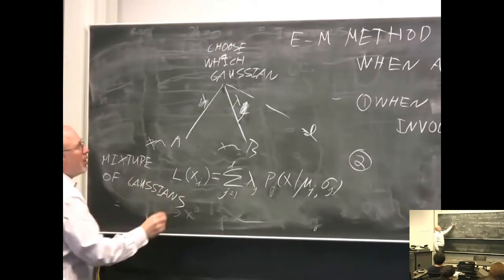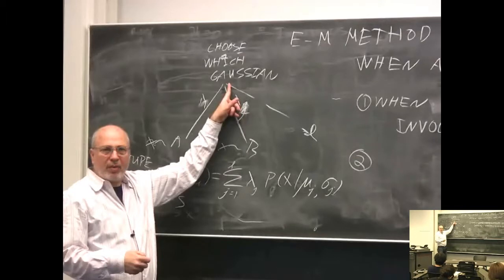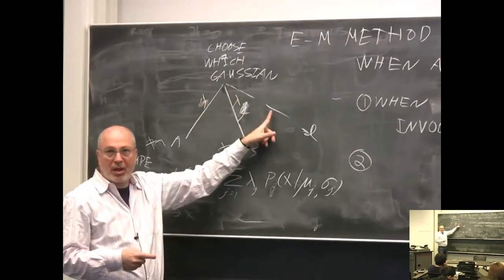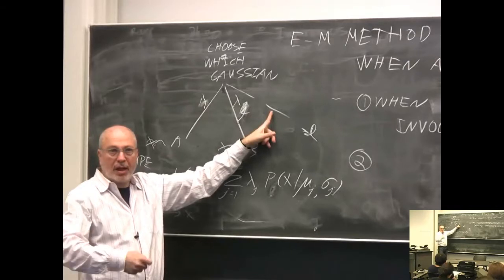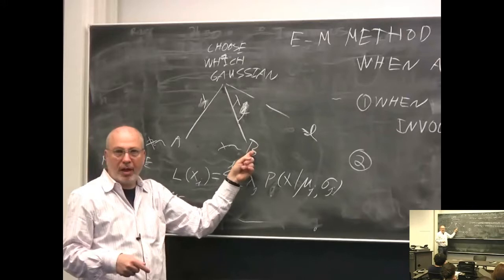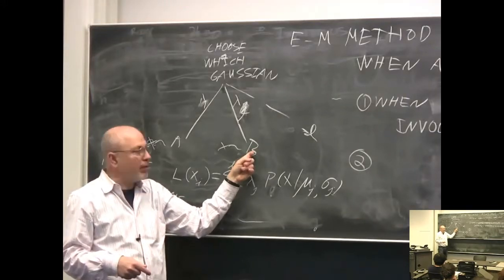Now it's no longer a coin. It's some kind of a random process that assigns a multinomial with L possible outcomes. And I push the button, I get back one of these. And whichever one I get, I go there and use that Gaussian to generate X. Okay?